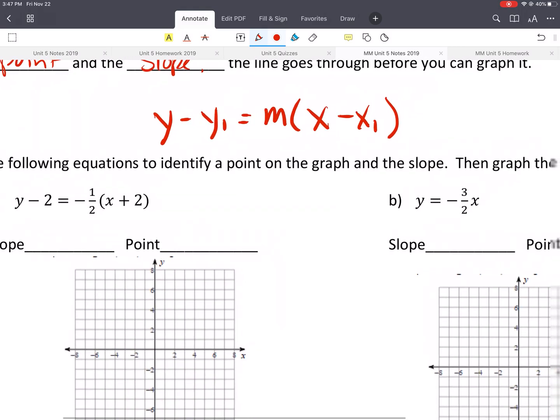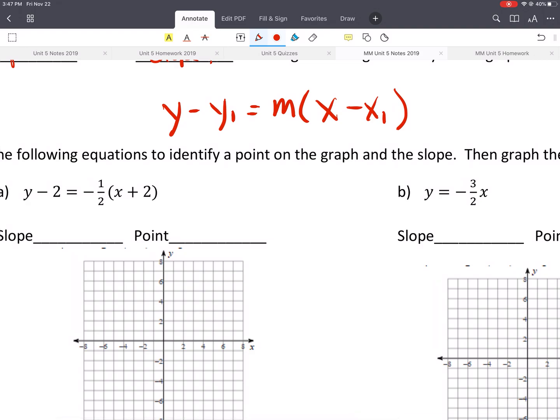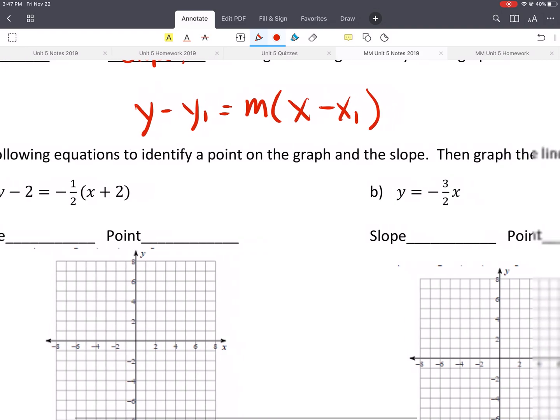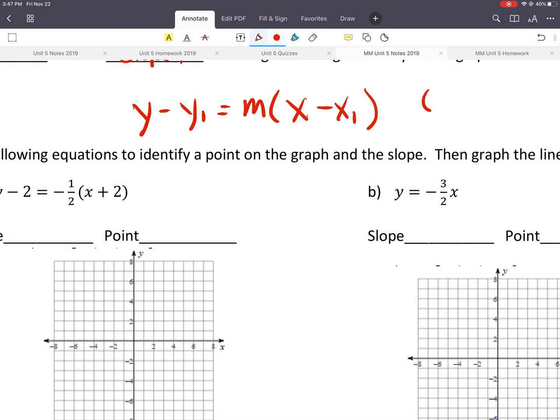Okay. So there's a reminder at the top, just what the equation is. All right. So in the past, say we had some point, and we wanted to plug this into our equation, and we used -2 and 3.